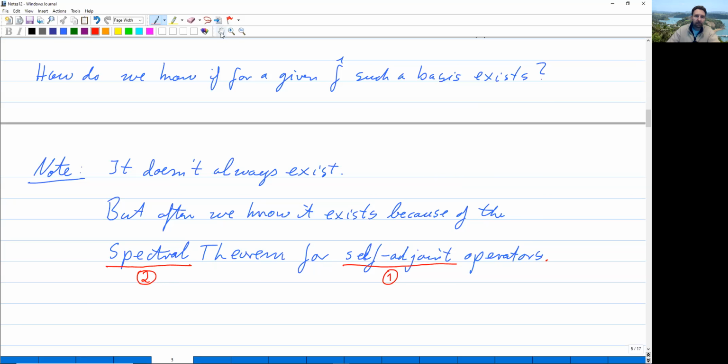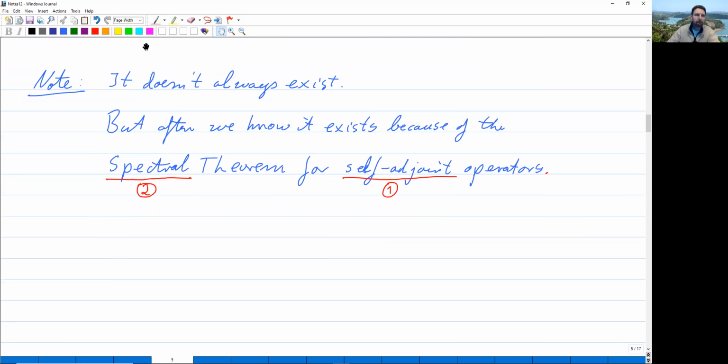So we begin with self-adjointness. Here we go. Definition. An operator F is called self-adjoint if it is the same as its adjoint. That sounds easy enough, but believe me, it's not trivial.